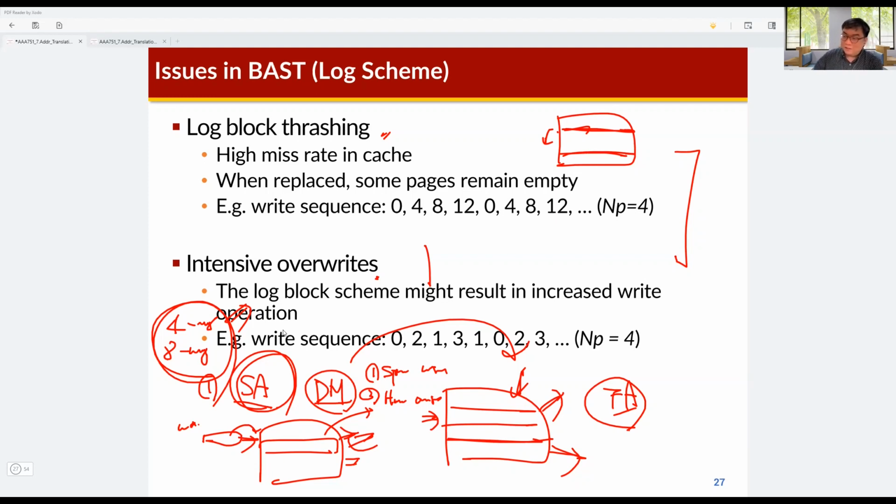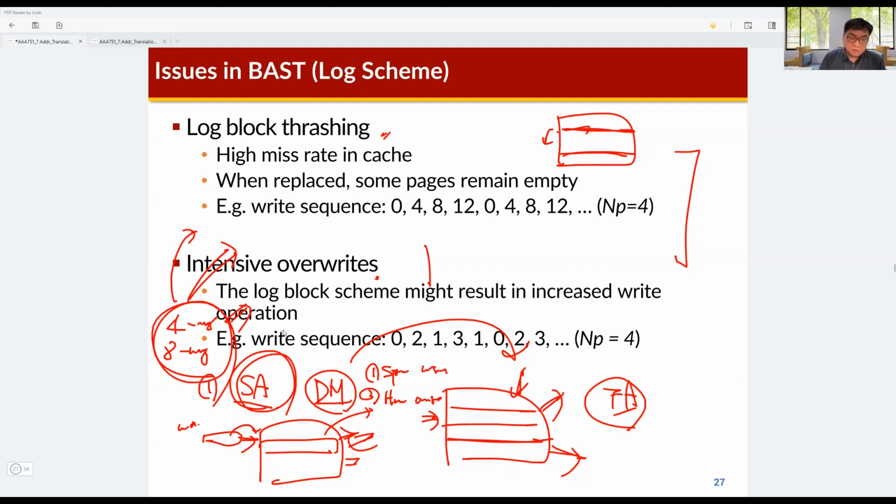Because the accesses to cache are usually random. Do you understand what I said? It depends on the access patterns. The performance of the cache depends on the access patterns applied to the cache.